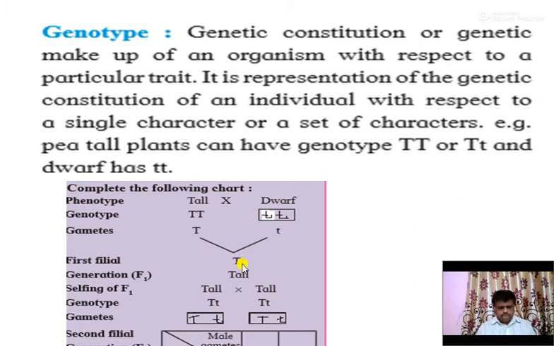Recessive means it is an allele which is not expressed in the presence of an alternative allele, that is in the heterozygous condition. It means this recessive will not express in the presence of the dominant one. That's why small t is recessive and capital T is dominant over this recessive t. So this is simply regarding the dominant and the recessive.